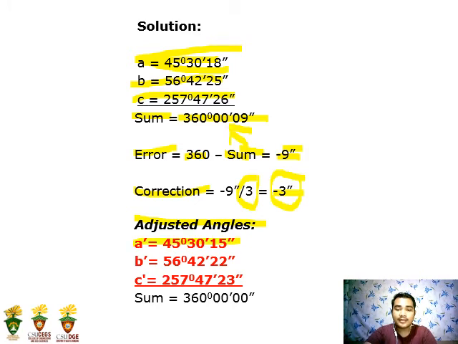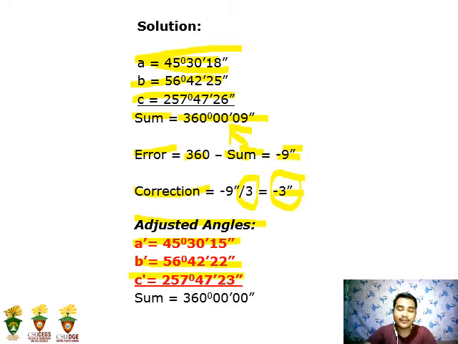For B, same thing, 56, 42, 25 minus 3 seconds gives 56, 42, 22. And for C, 257, 47, 26 minus 3 gives us 257, 47, 23.